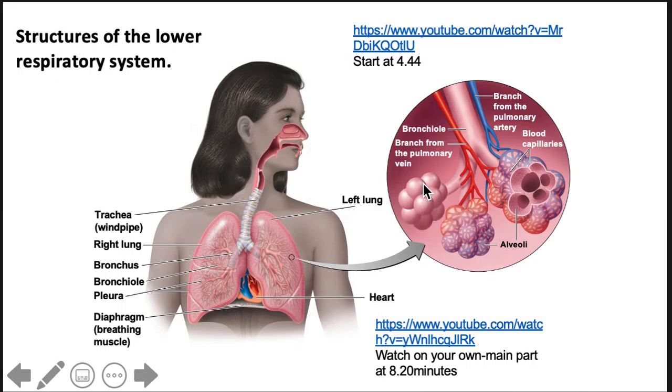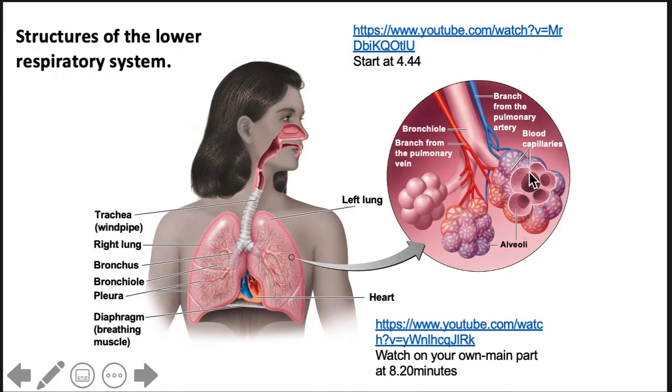And the alveoli are these little balloon-like sacs, if you recall, that are a single cell thick. And that's where your gas exchange occurs, very importantly. So that's why you see all these blood vessels wrapping around the outside of the alveoli.